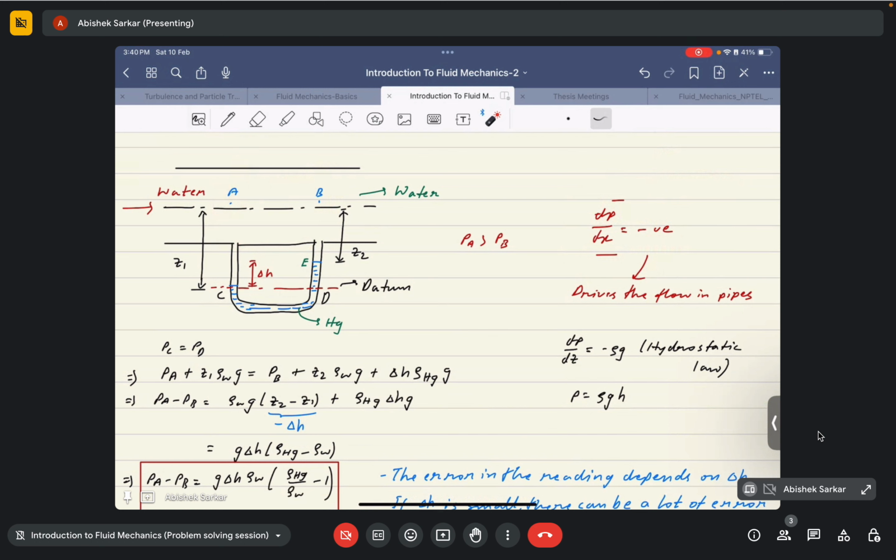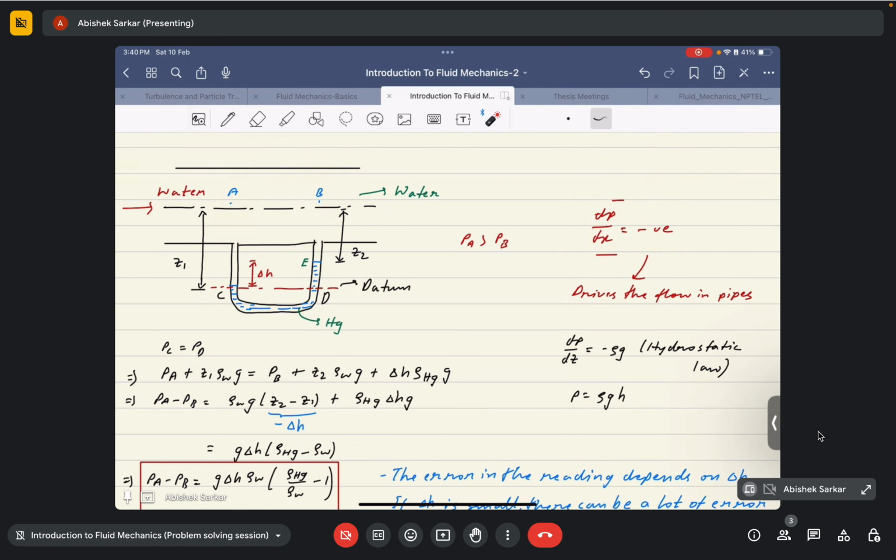Force is pressure into area, right? Since the area is the same, if the pressure at A is greater than the pressure at B, it basically means that the force at this region is greater than the force at this region, right?